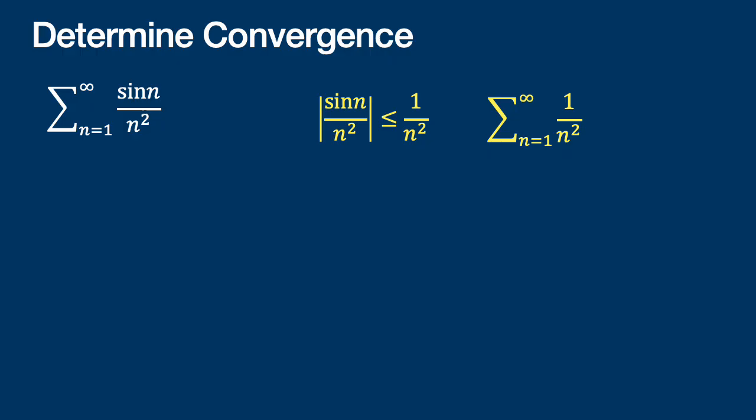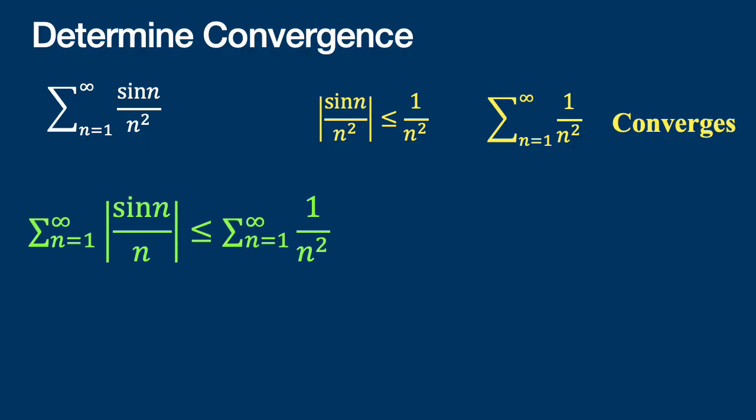You know the infinite series of 1 over n squared is a p-series, and it always converges because the p value is 2, which is greater than 1. So the summation of the absolute value, which inside is always positive, is less than or equal to the summation of 1 over n squared.